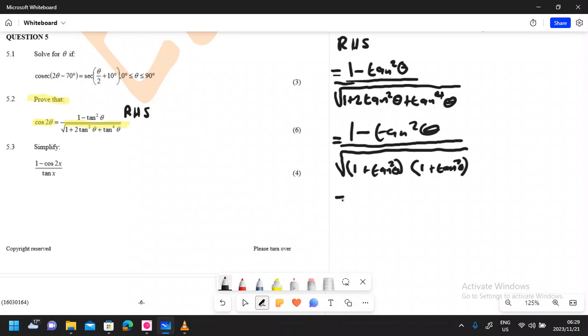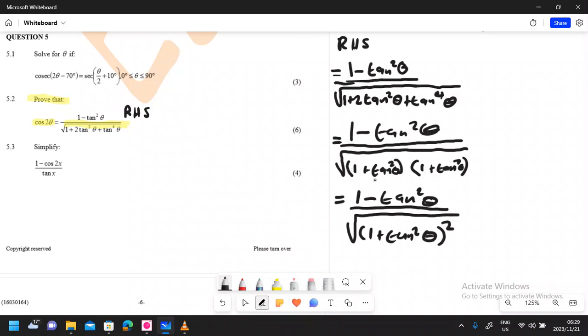So when you continue here, our numerator doesn't change, guys, it remains the same. We're going to have 1 minus tan squared theta divided by, now if you can see, this is a repetition, so it's the same as 1 plus tan squared theta, and then everything squared. Remember, this means the brackets are the same. Now with squared and square root there, we can create more space here, guys.